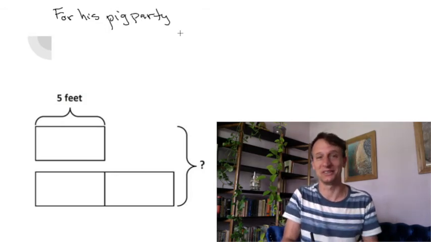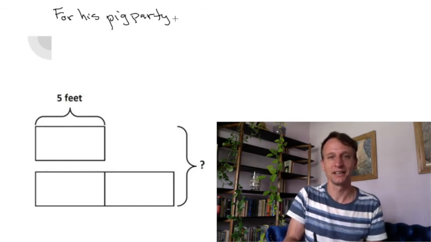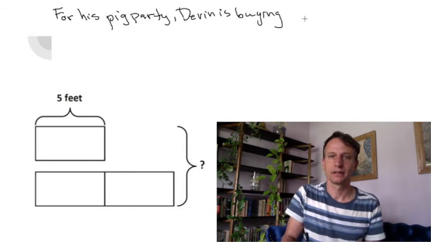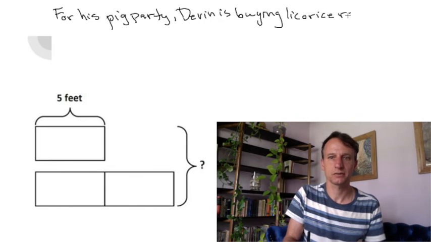For his pig party, Devin is buying licorice ropes.